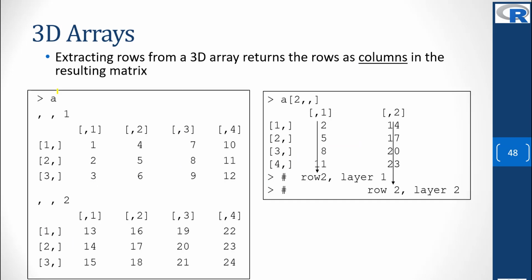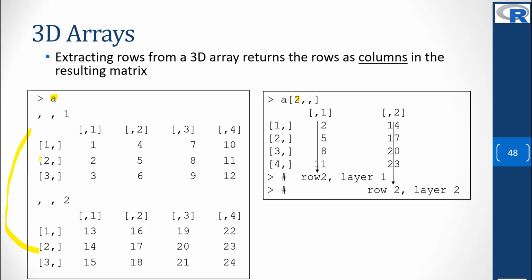When we extract rows from the array, we get them as columns. So this is different behavior that you need to be prepared for when you see it. We created this array called A with the 2 slices here, 24 values. Now it's specifying, give me row 2 of the array A. Remember, you've got multiple layers of data here.